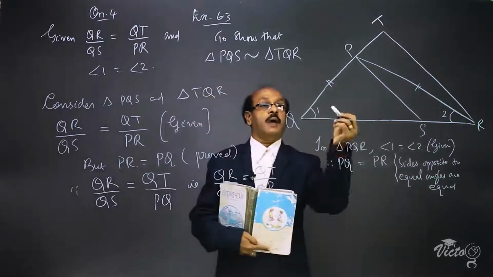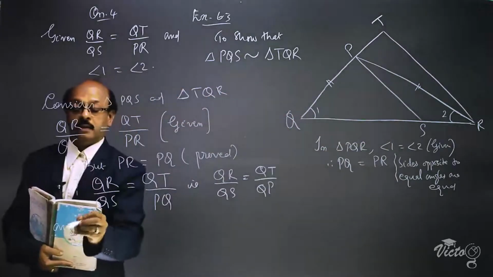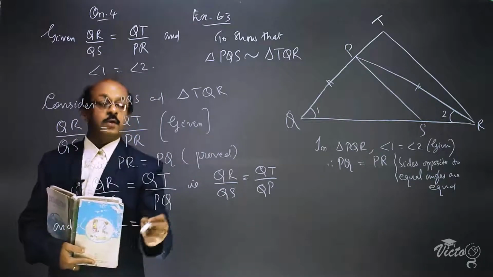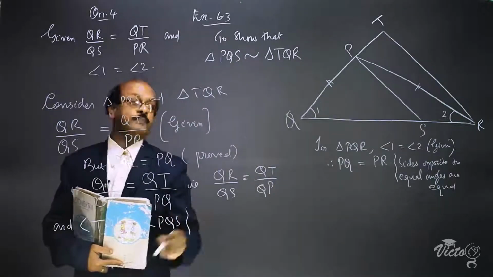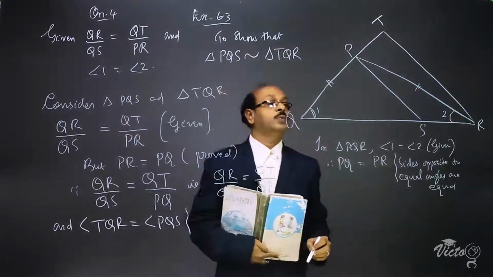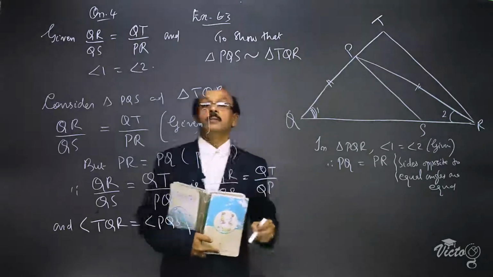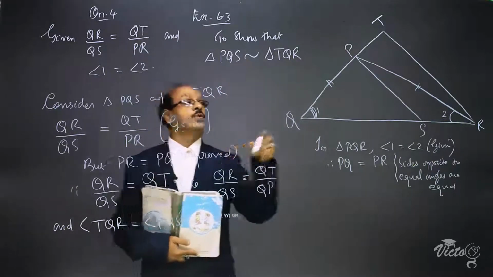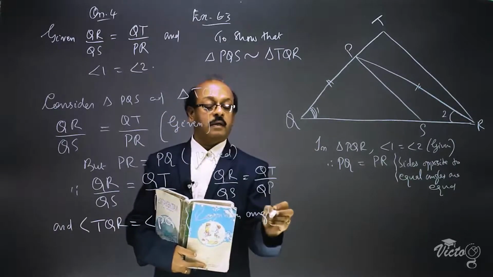And angle TQR is equal to angle PQS. See, angle TQR is this angle, angle 1, and PQS is also the same angle. That means it is a common angle of both triangles. Therefore, the reason is common angle.